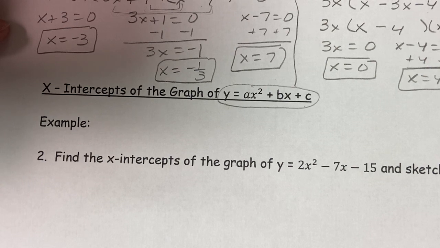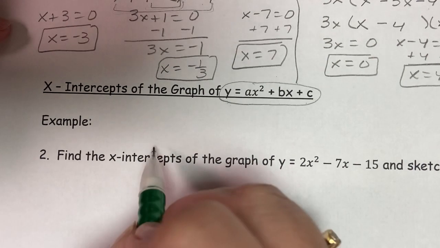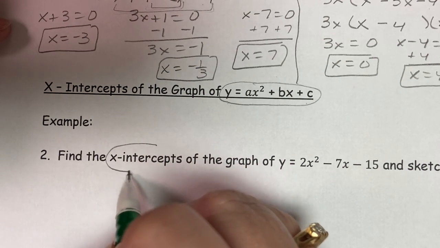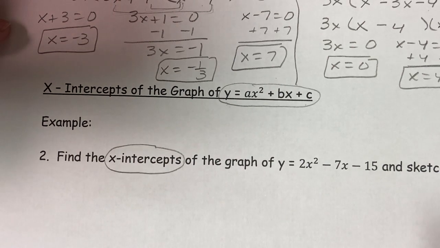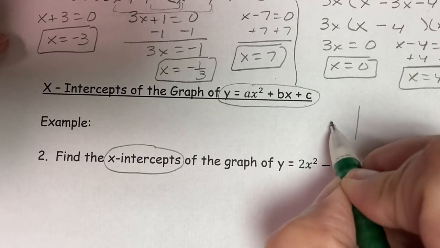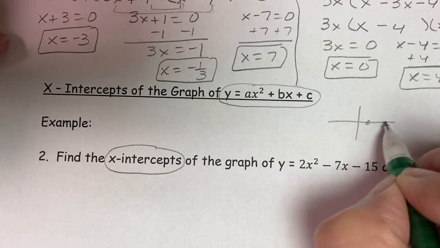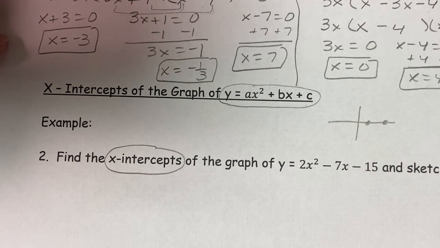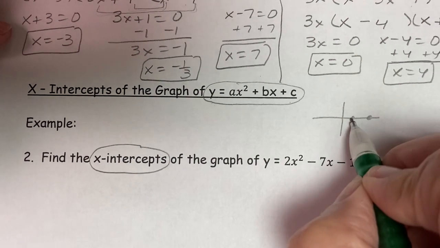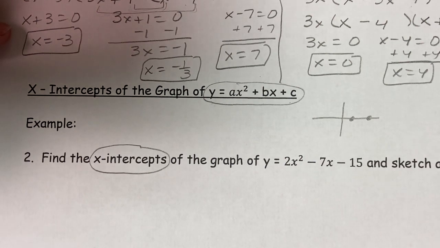Okay, so now, how do I find x-intercepts and y-intercepts? What x-intercepts mean is where the graph crosses the x-axis. That's what an intercept is. So an x-intercept is where the graph crosses the x-axis.